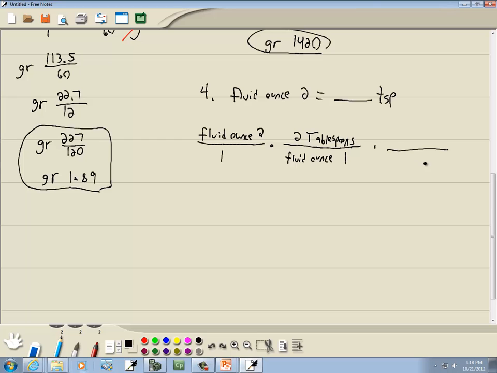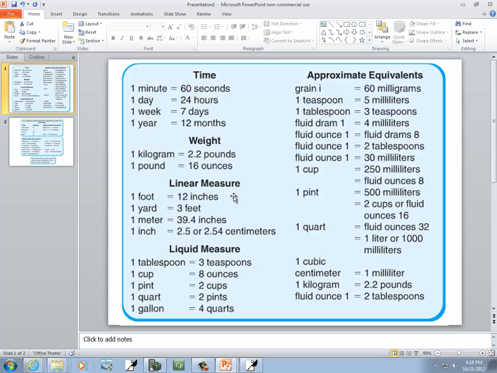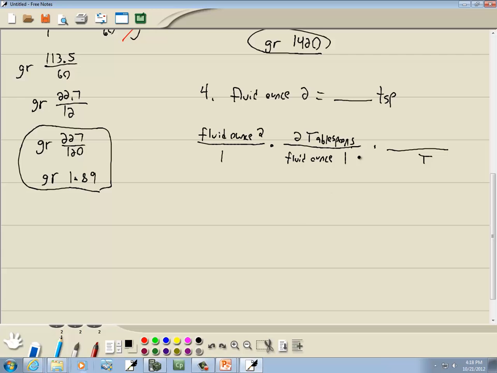Now if tablespoons is up here, then tablespoons has to be down here. And we also said that 1 tablespoon is 3 teaspoons. I think T is tablespoons, TBL, something like that. Not very good with abbreviations.